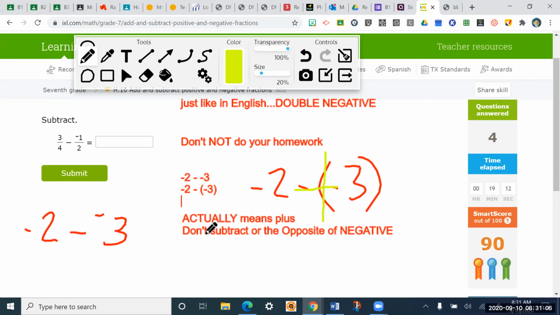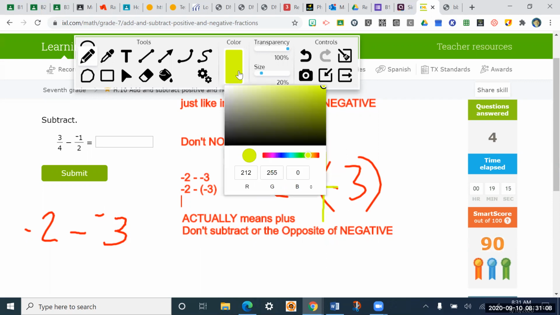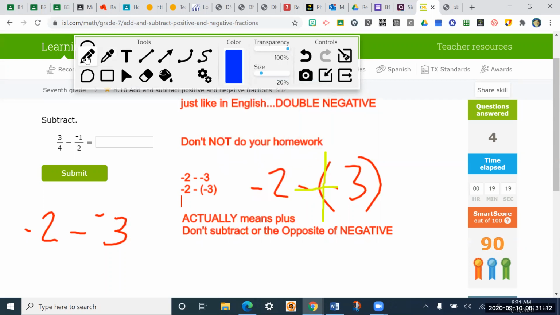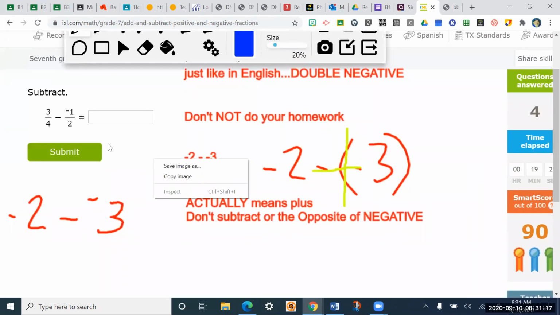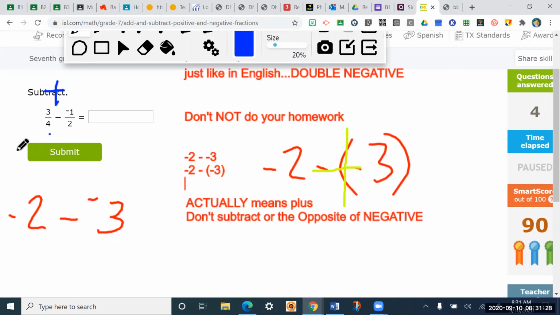All right, so after all that, let me show this problem in a different color down below. It's not that difficult of a problem. I'm going to zoom a little bit, okay? So 4 is going to be my least common denominator, so I only need to change the 1/2, but we're going to make it plus now because I've got a double negative.